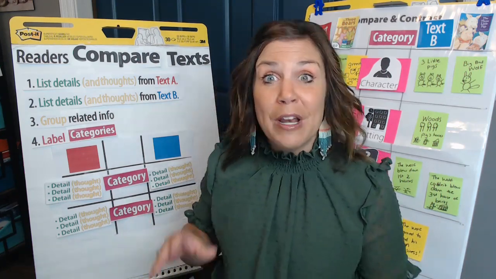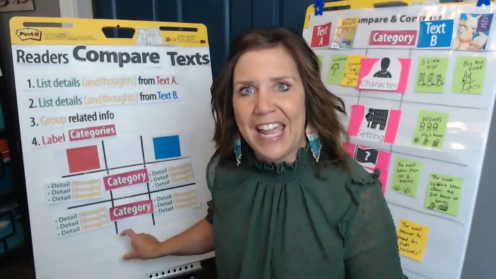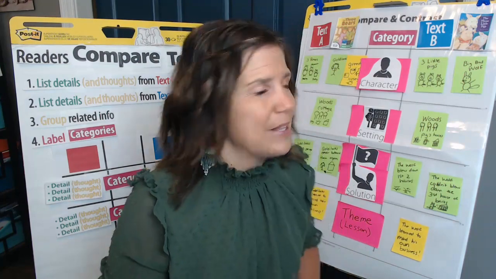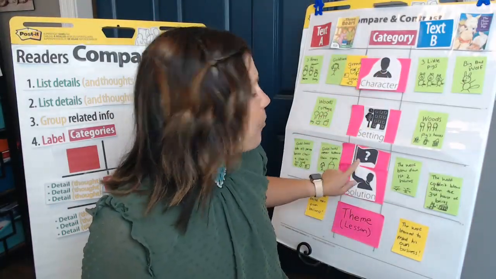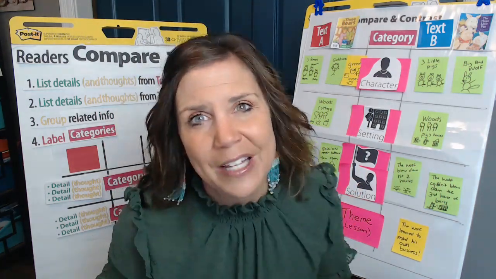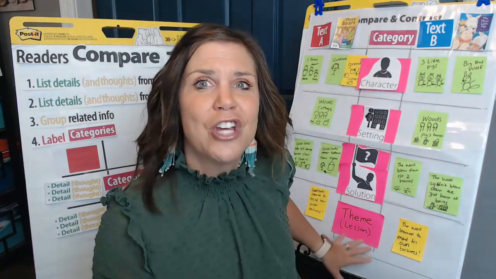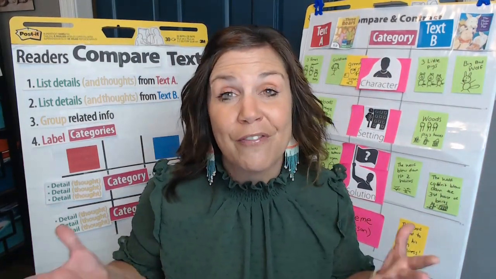When we do this, the categories are always the same. They're the story elements: the character, the setting, the problem and solution, and then the theme or the lesson that we can learn. Those never change when you're comparing two pieces of literature or fiction.